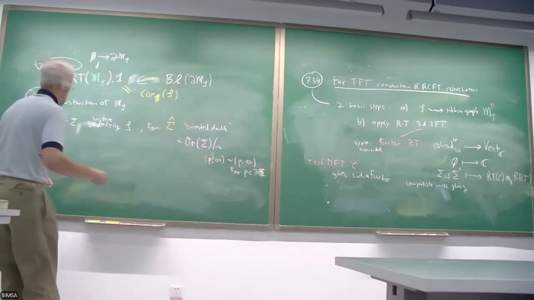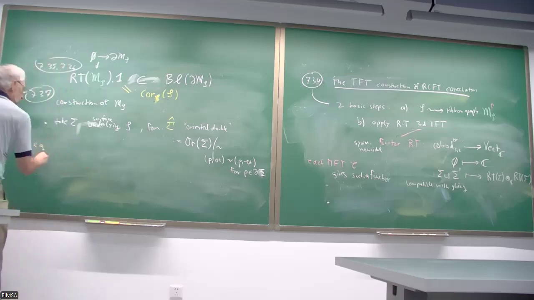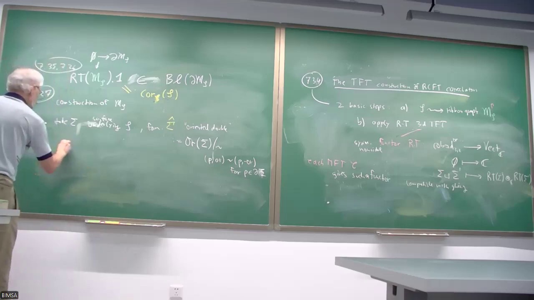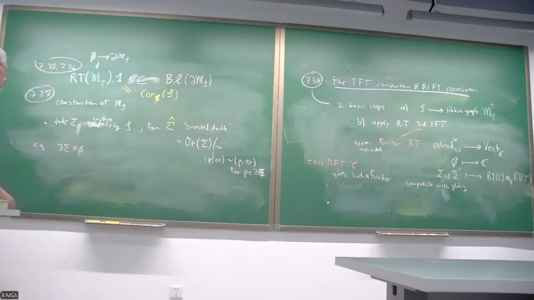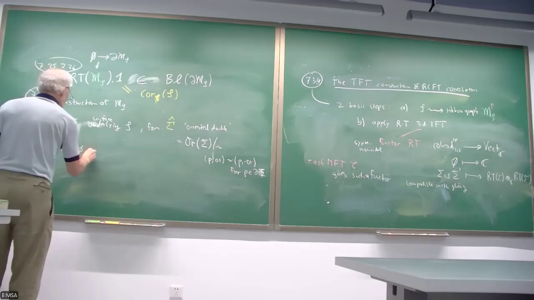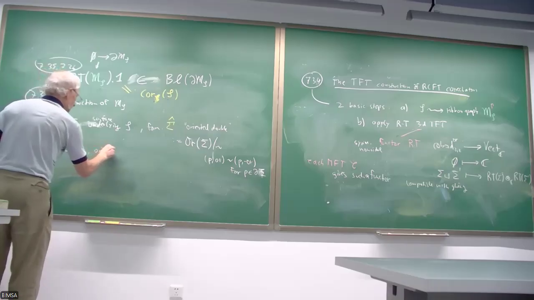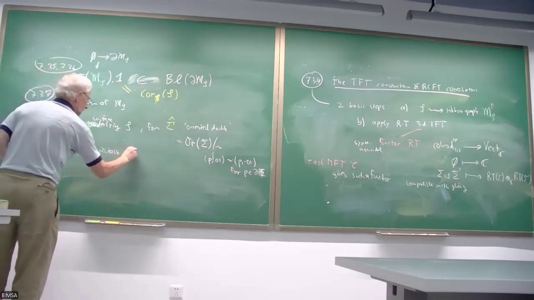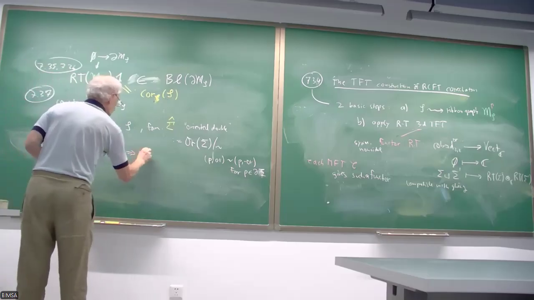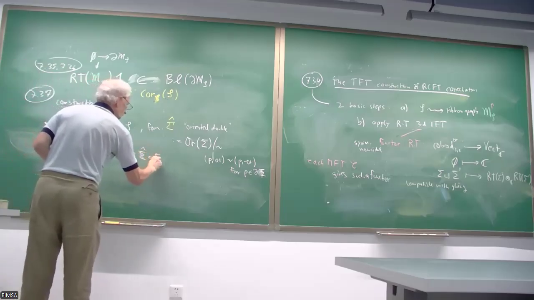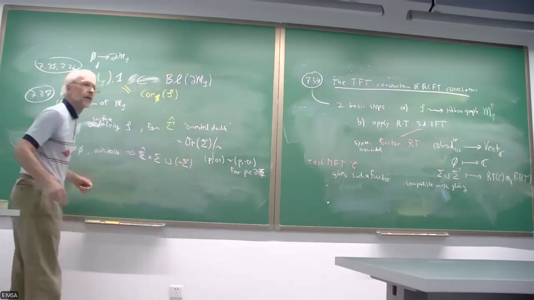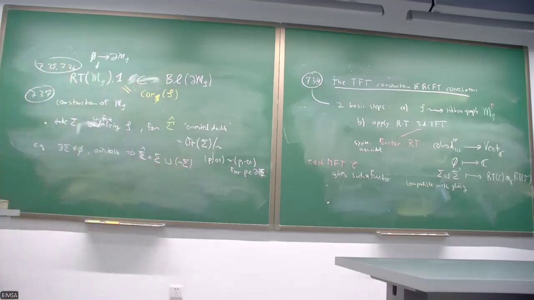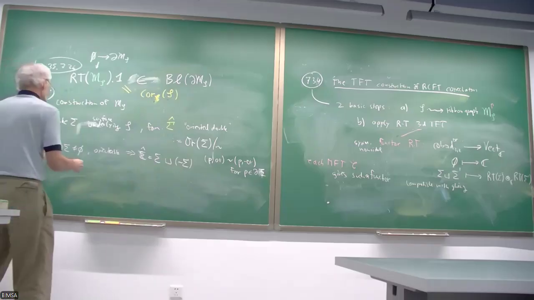For example, if sigma doesn't have a boundary and is orientable, then sigma hat is nothing but the disjoint union of two copies of sigma with the two possible orientations.